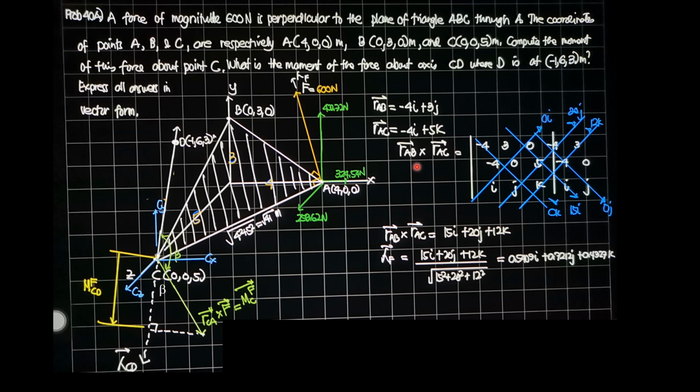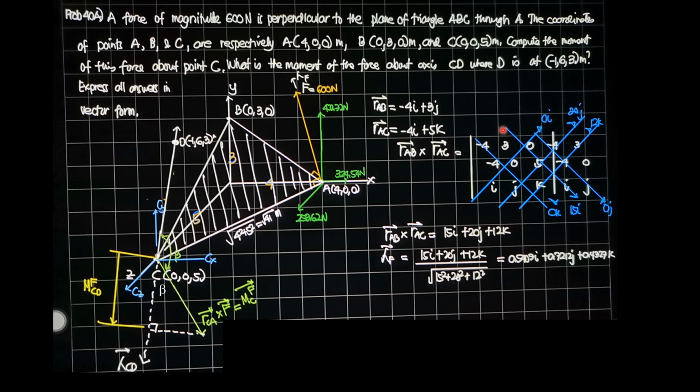Therefore, we define RAB cross RAC to define the direction of this force F in order to set up the unit vector for that direction of F. So negative 4, 3, 0, negative 4, 0, 5, then i, j, k.